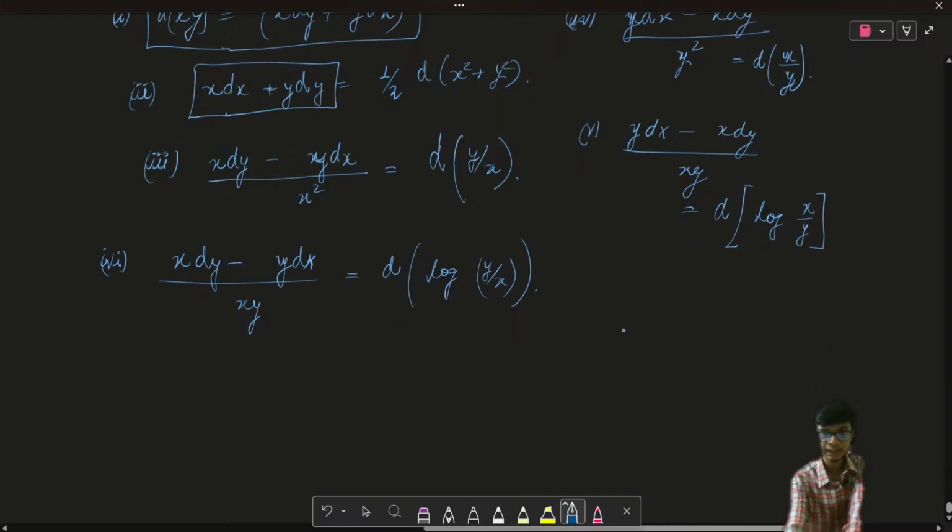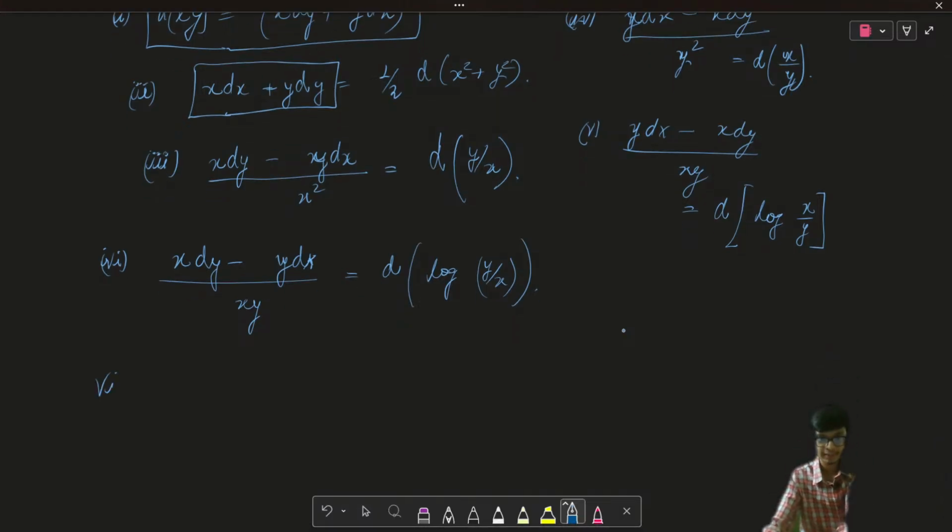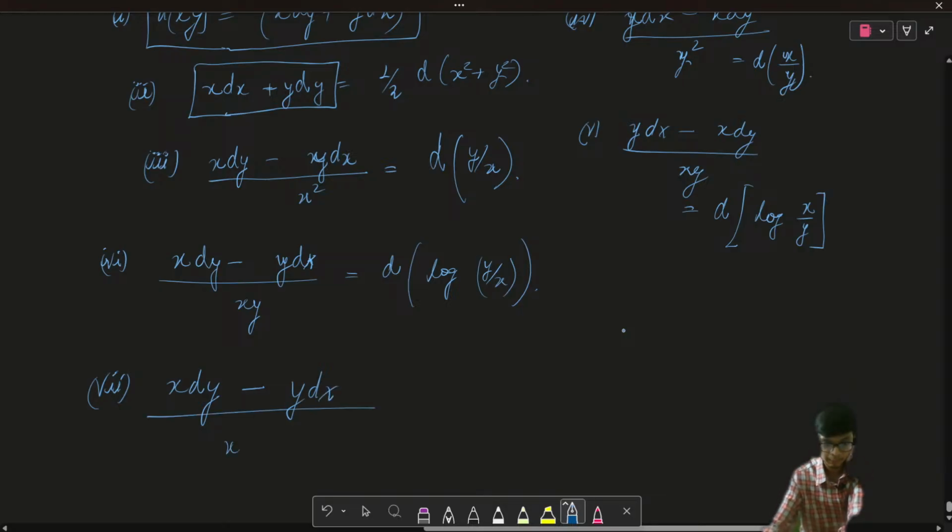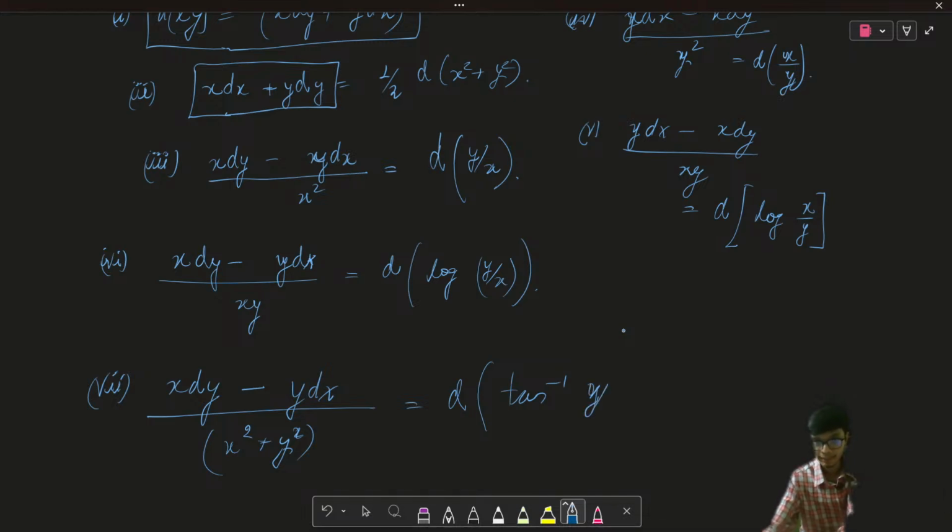Okay, similarly there are the following more identities. If I have x dy minus y dx upon x square plus y square, this can simply be given as the derivative of tan inverse of y upon x.